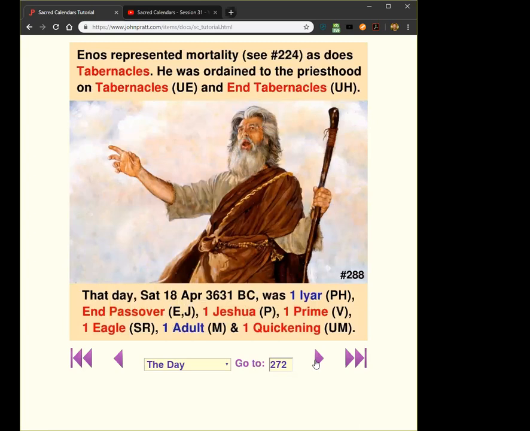And the one thing all of these ordination dates have in common, it was 1 prime on Venus. They were all holy days on the Venus calendar. That was the one thing they all have in common. There's always a pattern that you can find out how to distinguish just a day that happens to be holy on a lot of calendars, but distinguish out the proper one that you need. Okay. Also, well, let's not go into that. Let's move on to 289.